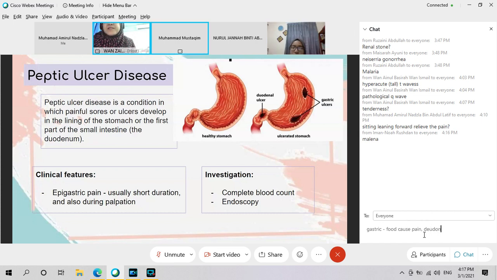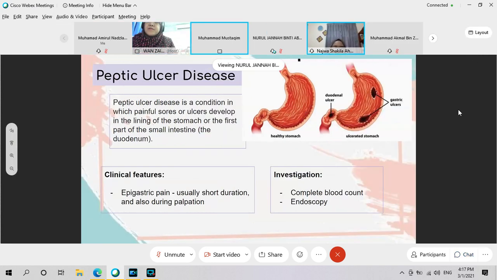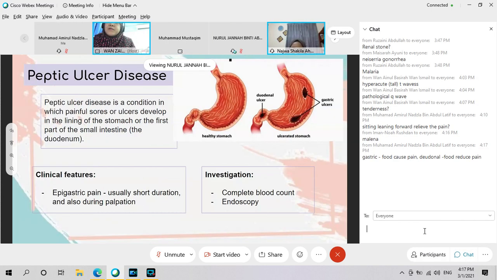What about duodenal ulcer? Duodenal ulcer, when Najwa jawab. Ya, apa? Food reduce pain. Apa? They will eat frequently. Tadi kita discuss.